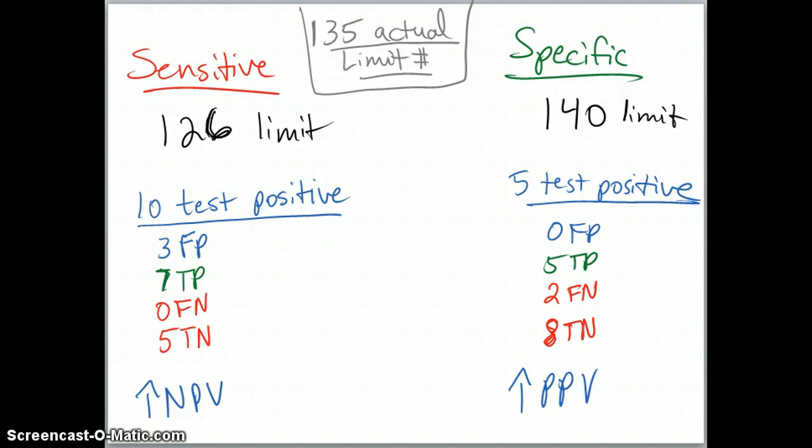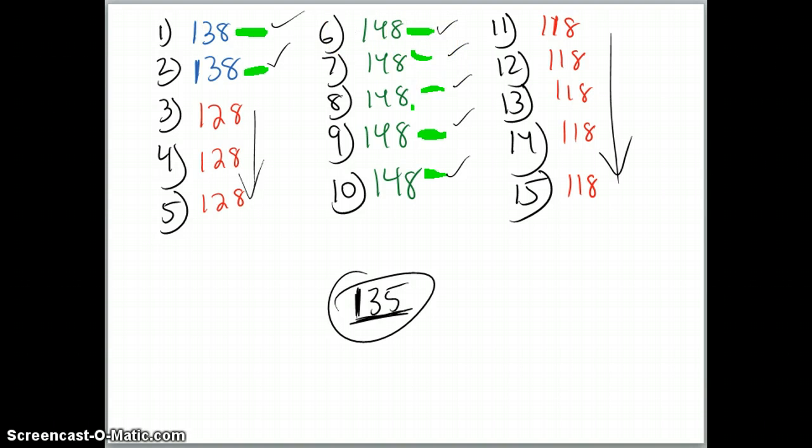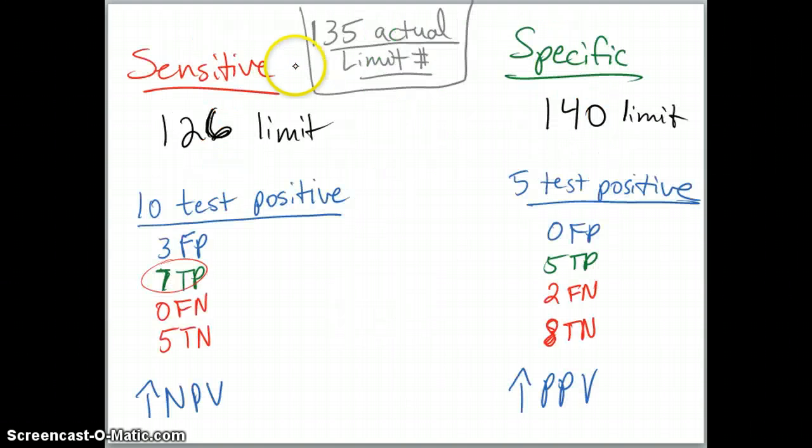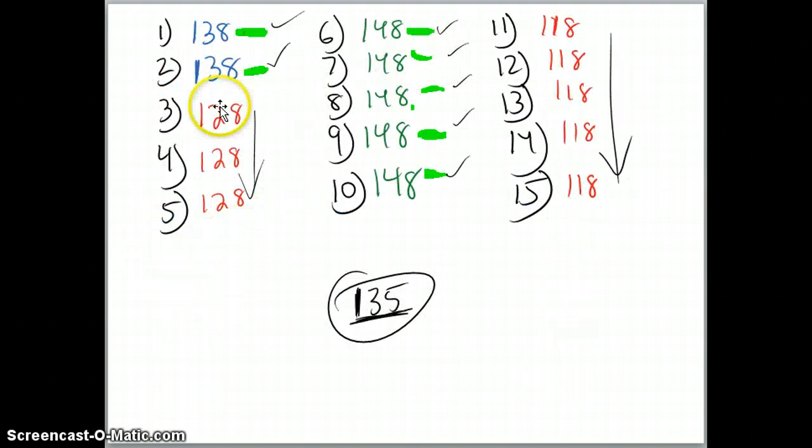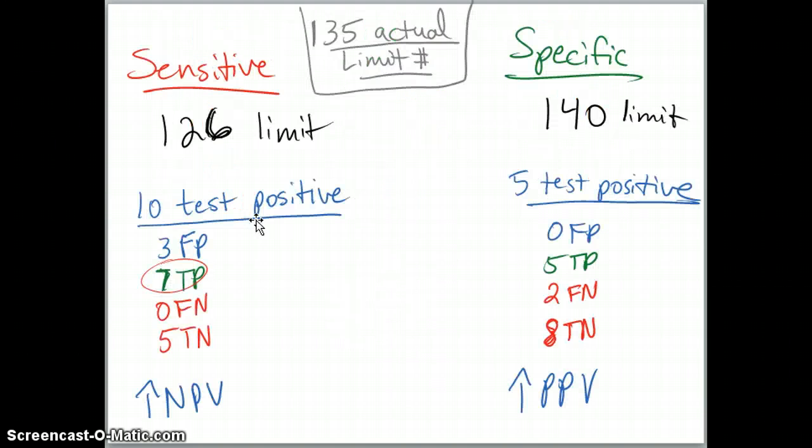So what we end up doing is we get all 7 of the true positives, okay? So those 7 true positives are all of these plus these 2 over here. And we end up getting 3 false positives because with us setting the bar so low, these 3 that are 128 right here tested in for it as well, and those are false positives, okay?